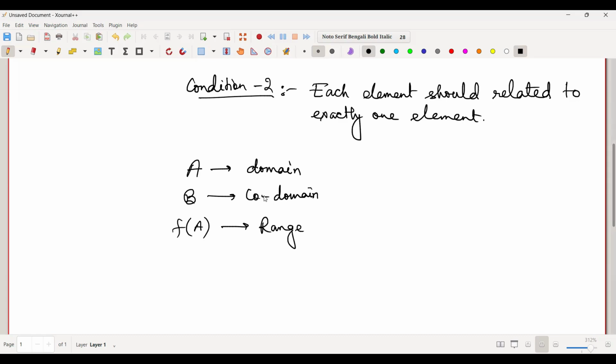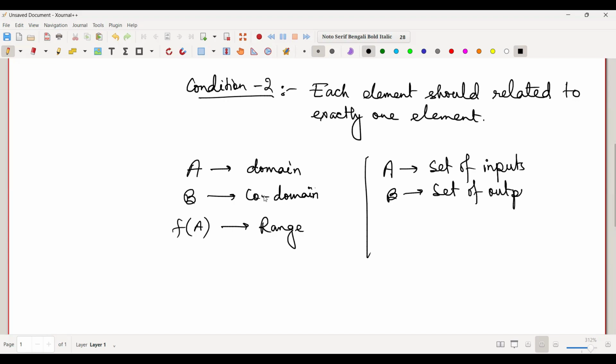We have also learned to think of a function as a machine that takes inputs and gives outputs. So A is the set of inputs and B is the set of outputs, plus any other extra elements.